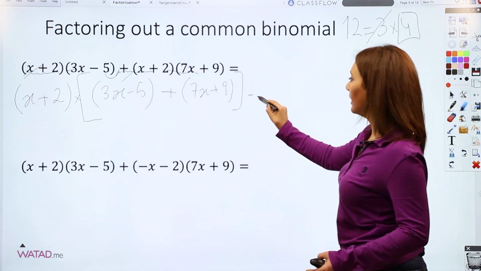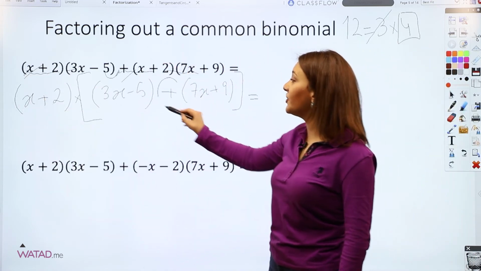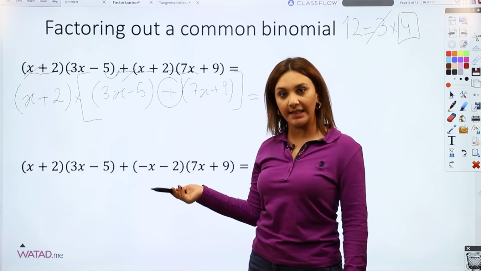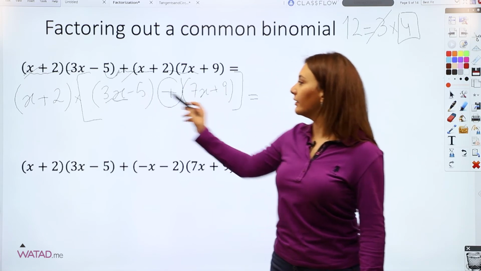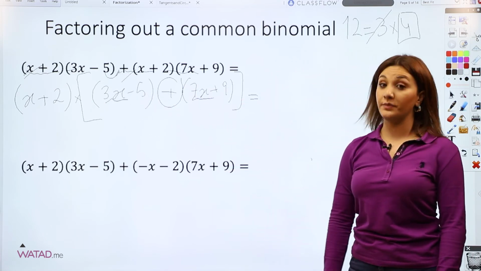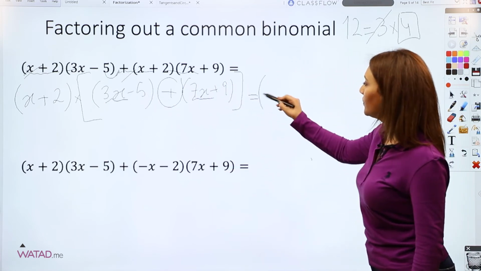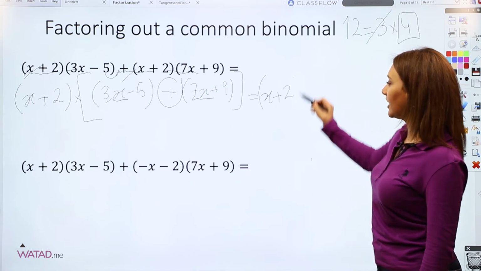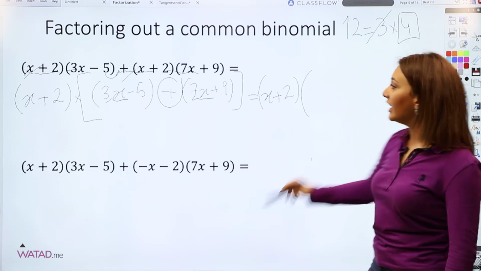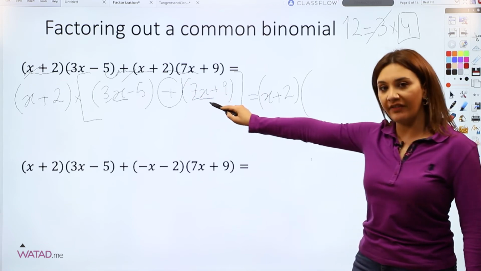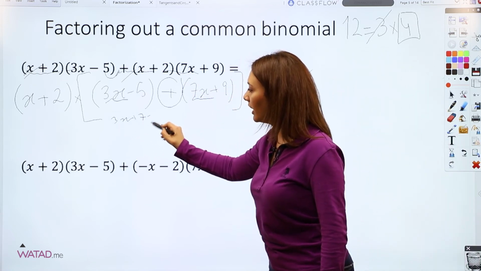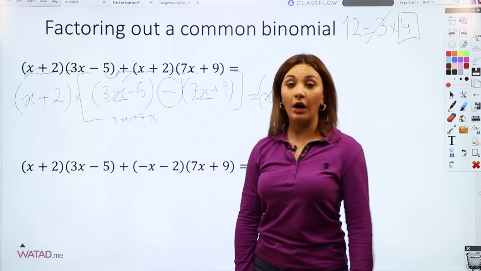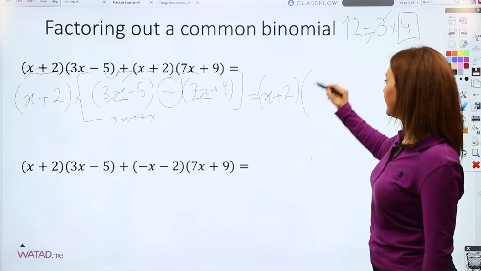Okay. Since I have an addition inside the parentheses, I can just sum the alike terms, okay? So I have x plus 2 as a common factor into 3x plus 7x together, because they are both coefficients or multiples of x. So this is 10x.